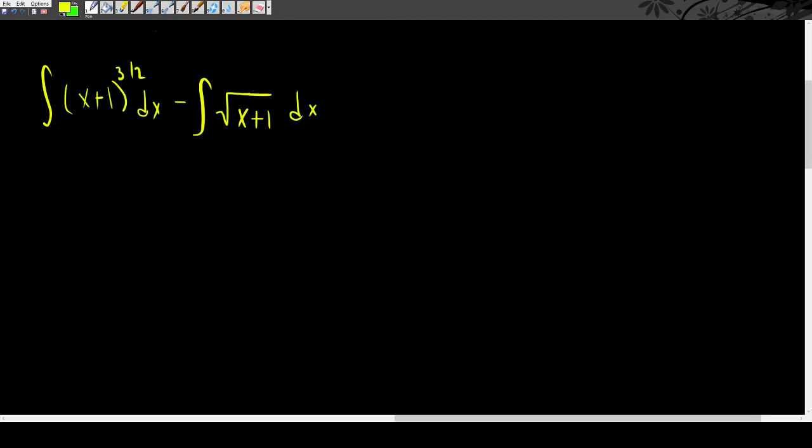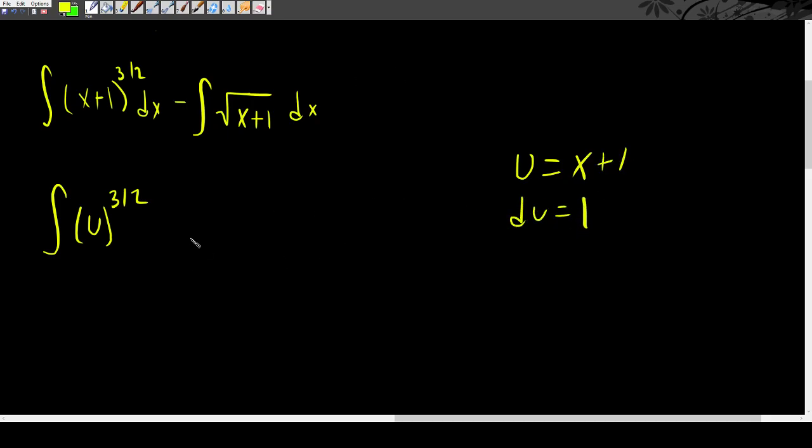I'm going to set u equal to x plus 1 here, just because it's u sub. So u to the 3/2 du. This is where you basically just start doing the first method that I showed. This is just the same from before.